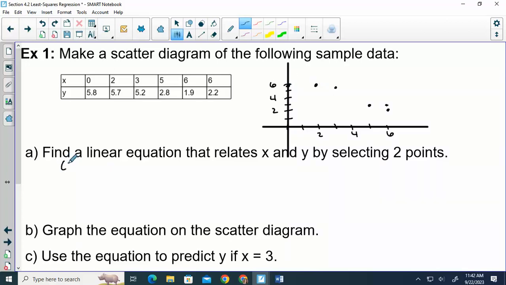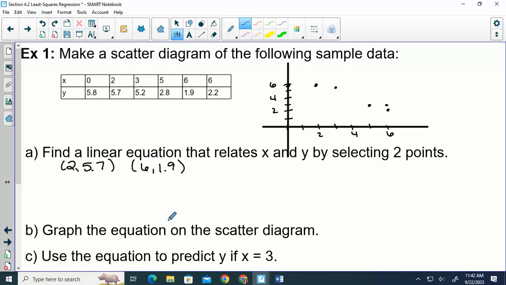Maybe I'm going to use the 2, 5.7. And I need another one, maybe the 6, 1.9. Are those the best two points to use? Not necessarily, I just said to pick two.